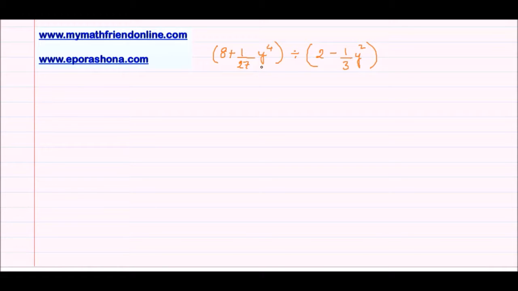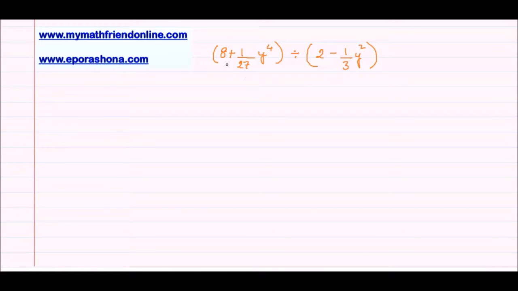So what was the first step of the long division? Right. First of all, we have to arrange the dividend and the divisor in the descending powers of the common variable, which in this case is y.